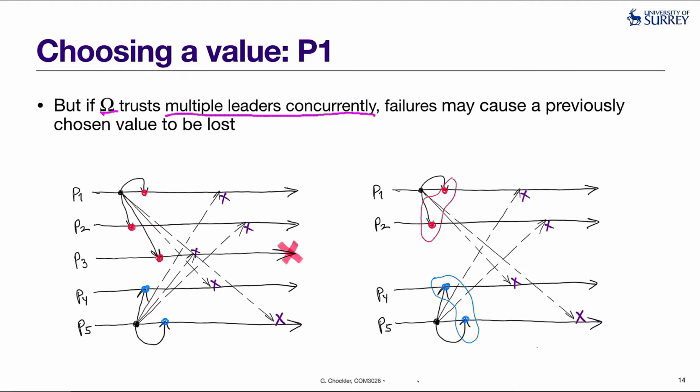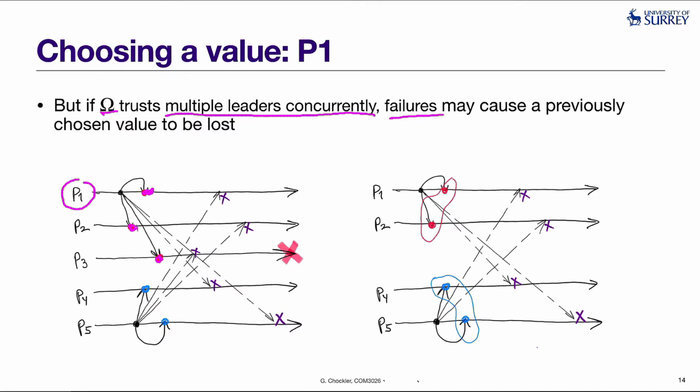And that could be a situation. And this situation, along with process failures, may cause a previously chosen value to be lost. And here's an illustration of how that could happen. So here again we have a process P1, which is a leader, and then it proposes its value and makes sure that this value is actually chosen, so it's accepted at the quorum P1, P2, and P3.